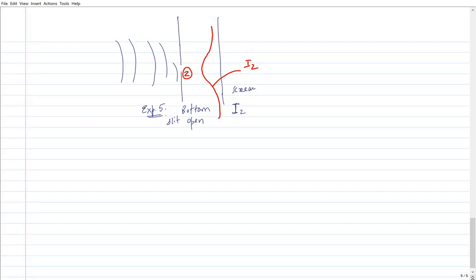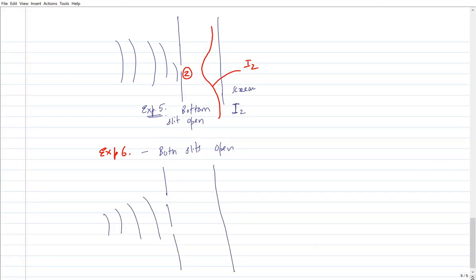Now, what happens when I open both the slits? So, experiment 6. Both slits open, and I have my water waves. Now they pass through both slits.